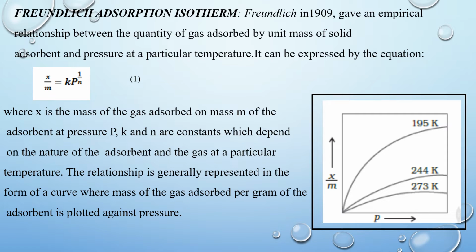It is expressed by the equation x by m is equal to k p to the power 1 by n, where x is the mass of the gas adsorbed on the mass m of the adsorbent at a pressure P. K and n are constants which depend on the nature of the adsorbent and the gas at a particular temperature. This relationship is generally represented in the form of a curve where the mass of the gas adsorbed per gram of the adsorbent is plotted against pressure.